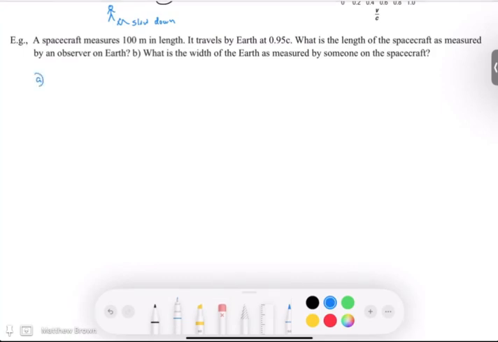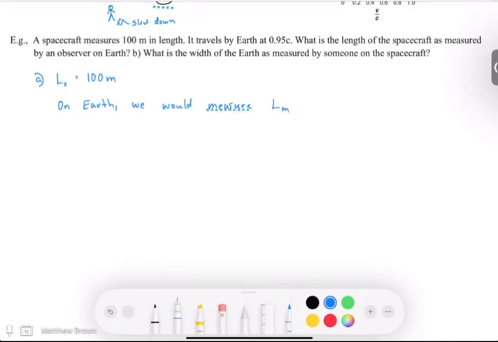the key is that the length, this is L_S, a length that's measured for someone who's stationary in this reference frame, is 100 meters. And someone on Earth, we would measure L_M, right?